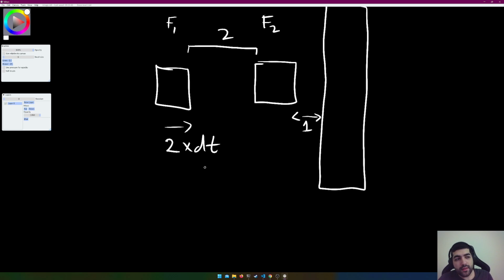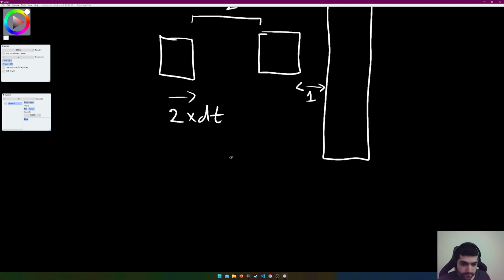Okay, what if the frame took shorter? So if the frame took 0.5 seconds, well, when we multiply 2 by 0.5, it gives us 1 meter. And that's again correct. That's what we expect to happen in the real world.